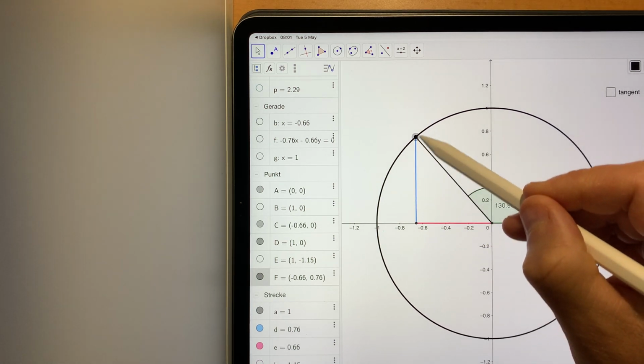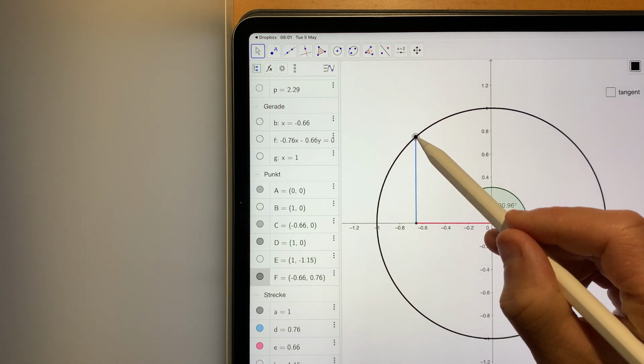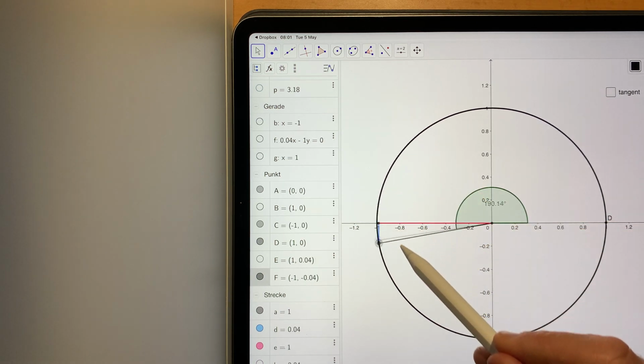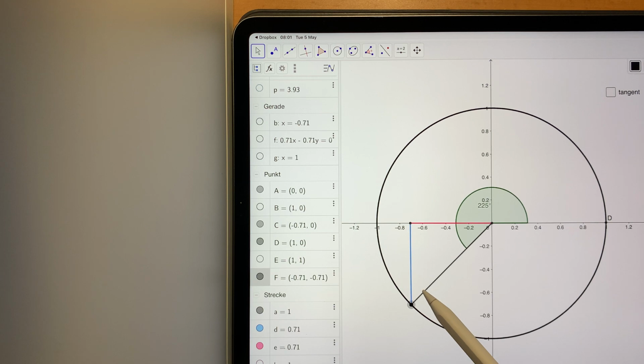Still, this would be your sine, and this would be your cosine. Let's go on to, for example, 225 degrees. Obviously, this is your cosine. It's negative. The red line is 0.71, but it's on the negative side, so it's minus 0.71.